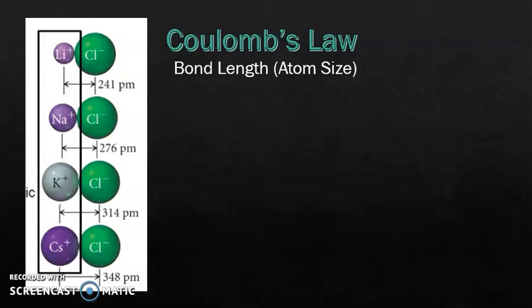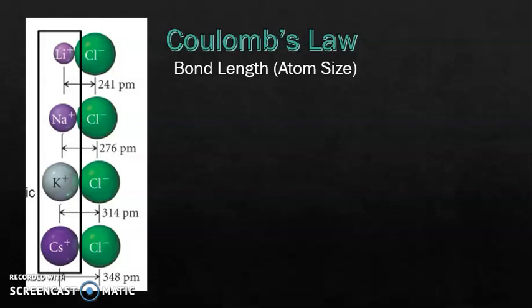Off to the side of your screen, you're going to see 4 different examples of different cations bonding with the same anion, chlorine: lithium, sodium, potassium, and cesium. Now, the periodic trend, of course, as you go down the periodic table in that same family, is that the atom or even the ion is going to get larger, and that's due to them having more shells of electrons.